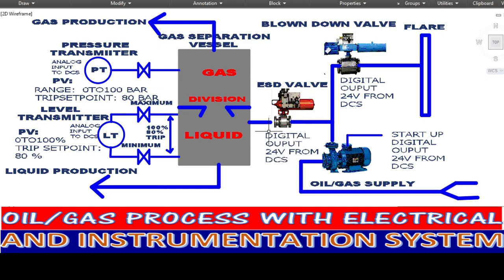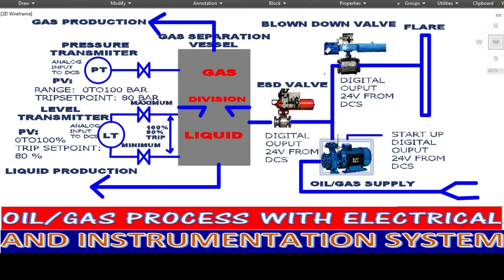Why does the process system need to close this valve? Because if we shut down this pump, a lot of the process system will be affected, since it continues to the other systems. There are also pumps from the wellheads or from the rig. That's why the process system avoids stopping the filling of this gas separation vessel, or shutting off the pump.